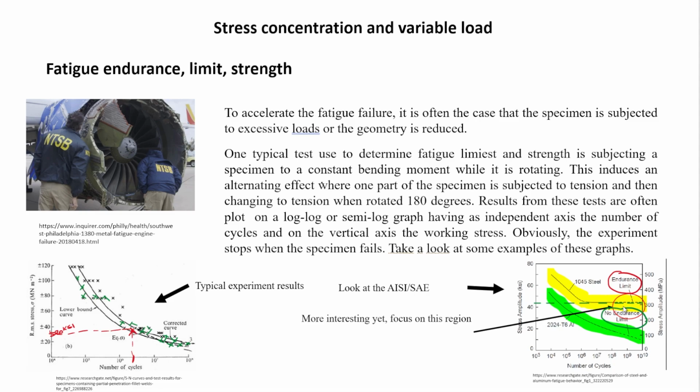Now, the endurance limit is a very important factor because, among other things, it's going to allow us to design our parts based on fatigue. And also, later, we're going to see that it tells us the amount of stress applied to the part that we can consider is not going to induce any fatigue on the part, meaning that I don't have to design for fatigue. So that number is very important.